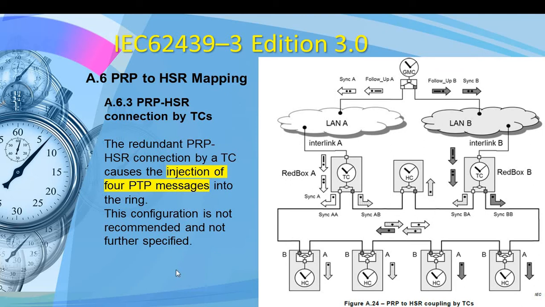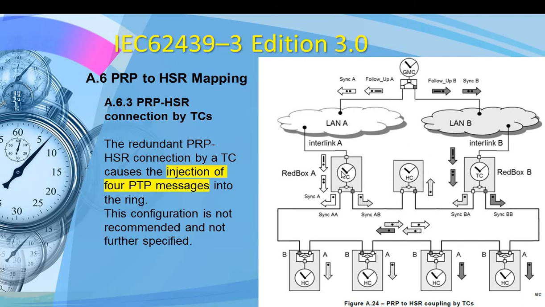At the very beginning we mentioned we can use transparent clock to connect the PRP network to the HSR, even though this is not recommended. This part is the same as IEC 62439-3 edition 2.0.